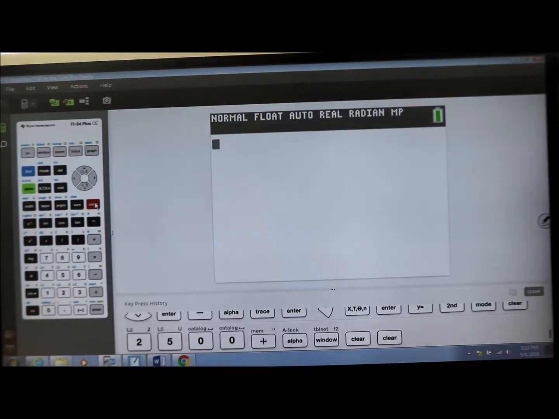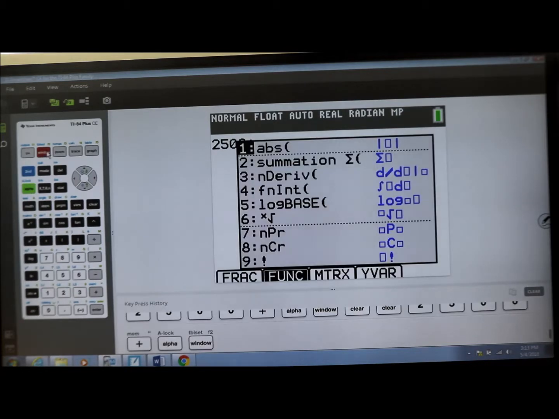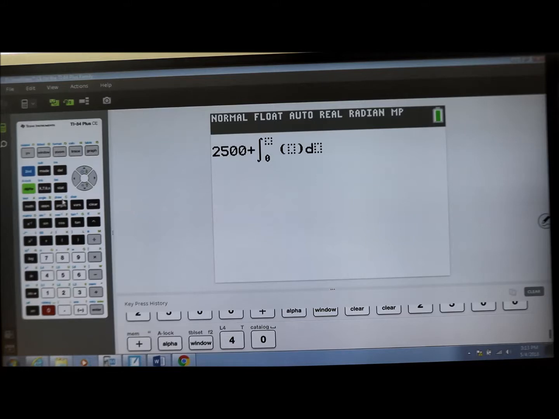So here we go. The amount of sand at 6 hours is my 2,500, what I started with, plus the integral, alpha window, choice 4 is the integral, from 0 to 6, since I'm seeing how much sand accumulated over those 6 hours.